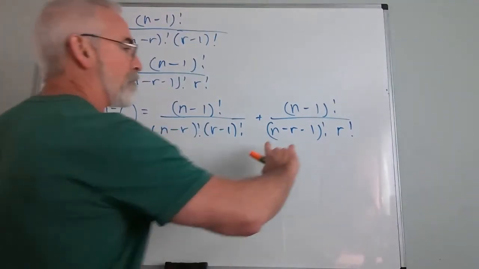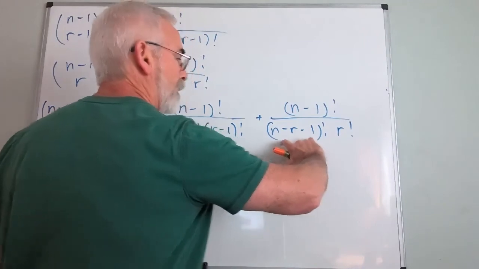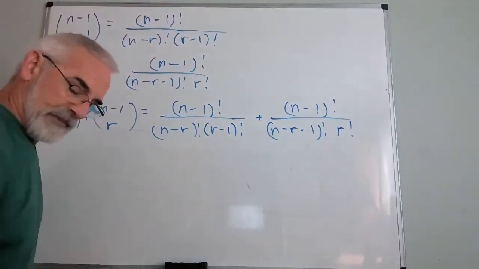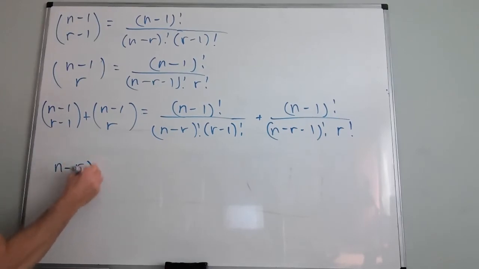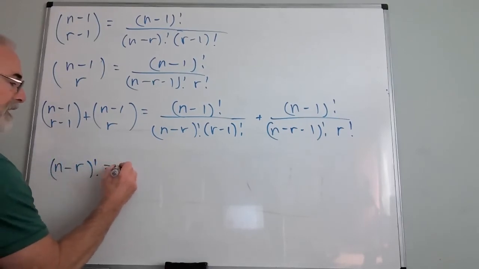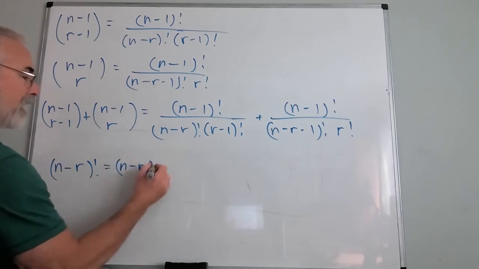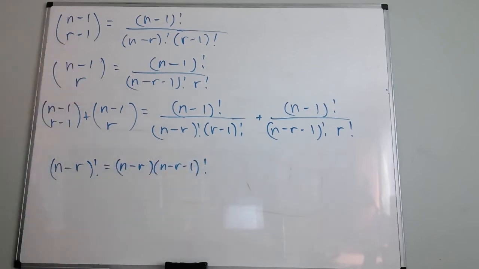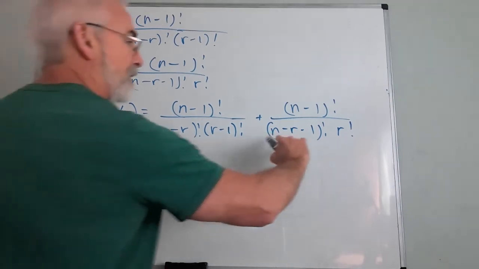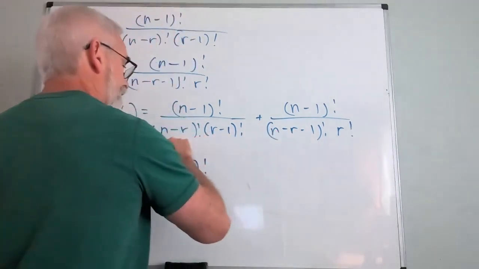So I need to multiply this by the appropriate term to make it look like this. And quite frankly, I know that n minus r factorial equals n minus r times n minus r minus 1 factorial. So that means if I multiply this term by n minus r, it will look like this term.